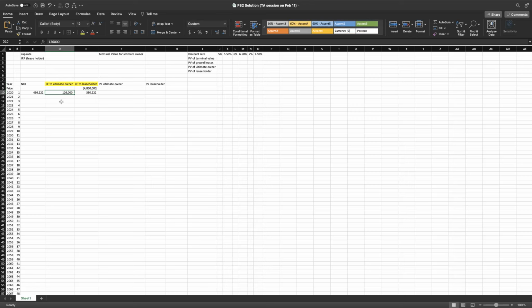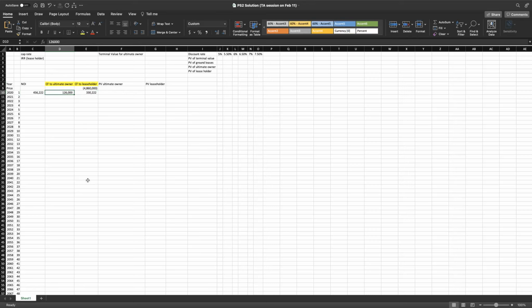In other words, these 2 people, the ultimate owner and the leaseholder, will share the NOI, which starts with 450,000 something. Following the assumption, we're going to work on a 75-year lease, so until the end of year 75, these 2 people will split the cash flow.